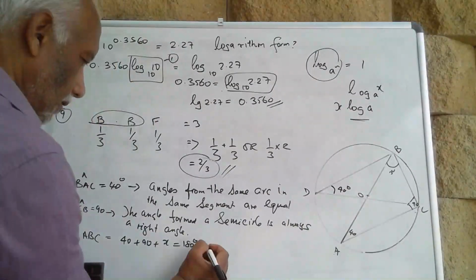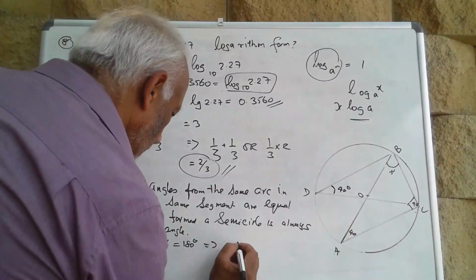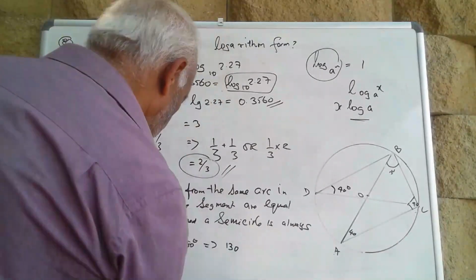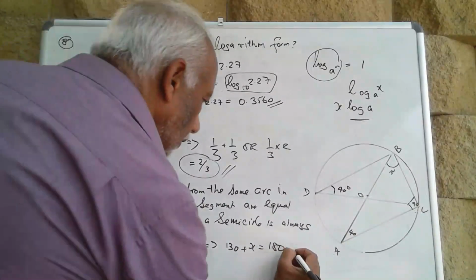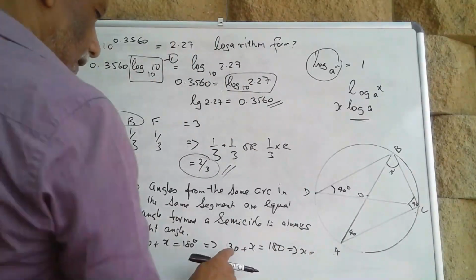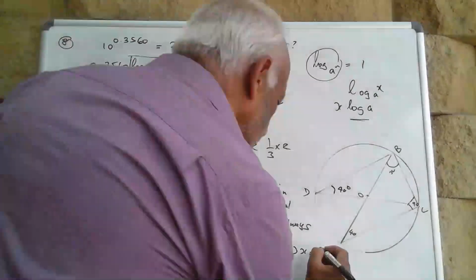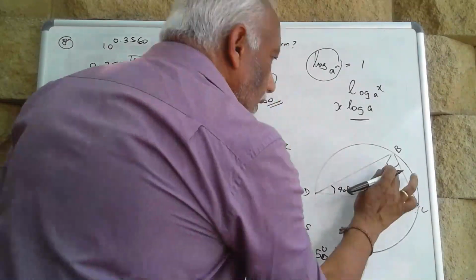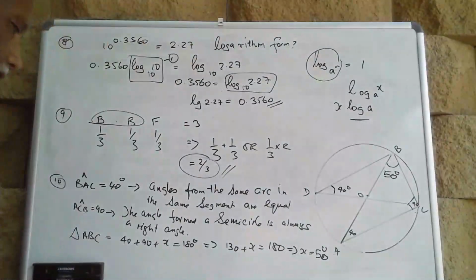So 90 plus 40 is 130, plus X equal to 180. Therefore, X is equal to 180 take away 130. How much is it? That will be equal to 50 degrees. So that's the answer for that question.